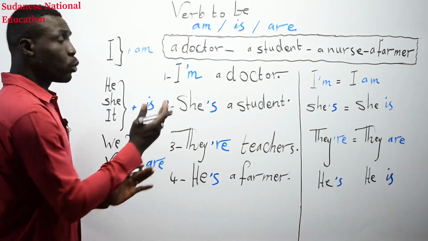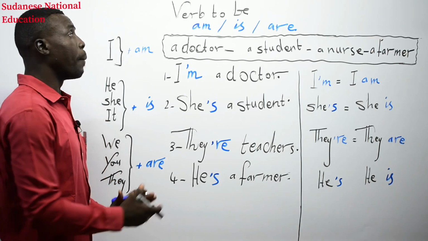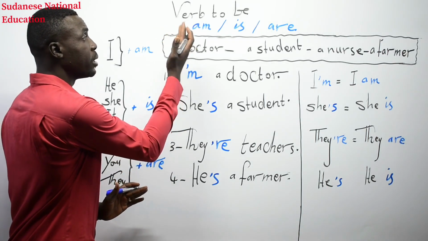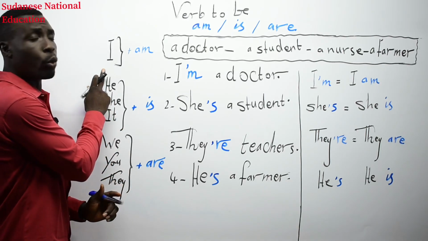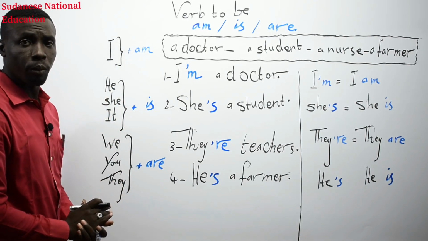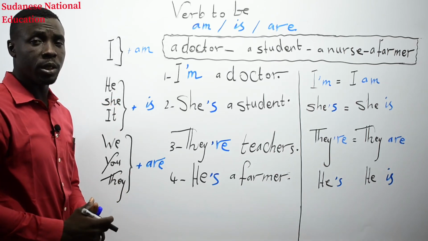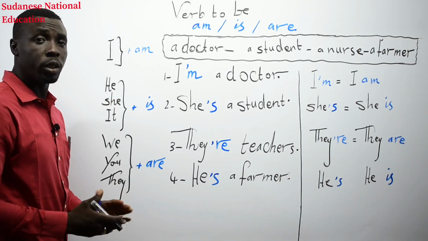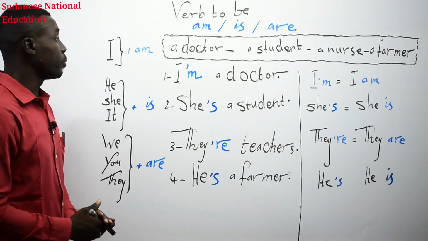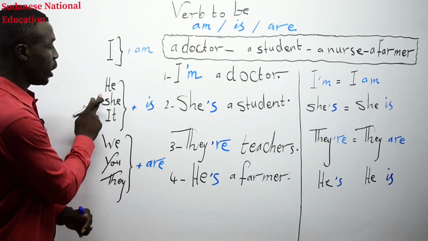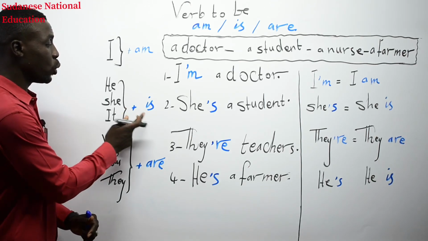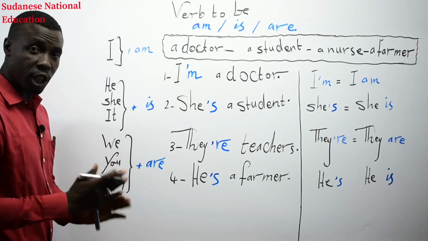As we talked previously about am, is and are: with the pronoun I, we use am, because I is the first person singular. I talked about it in lesson 1. With he, she, it we use is, singular nouns.